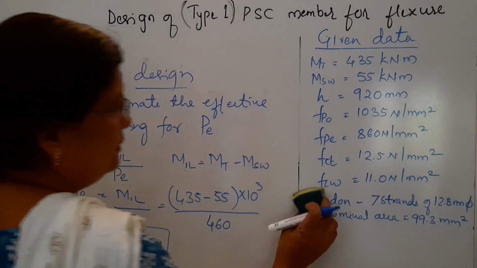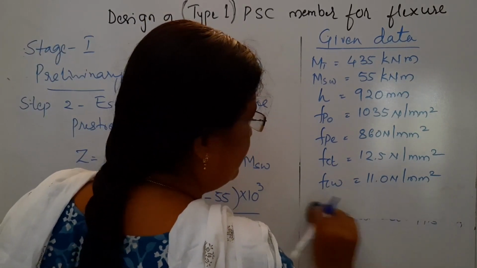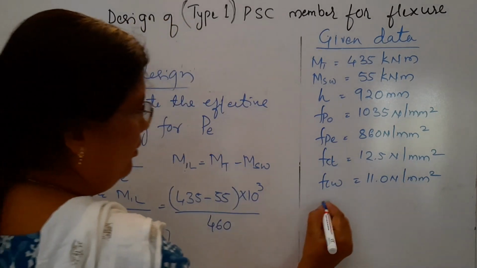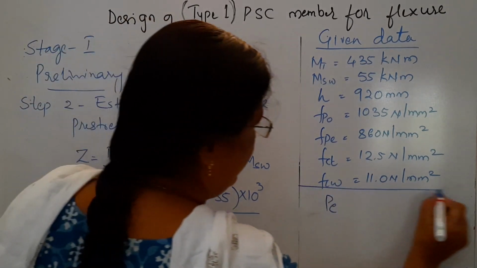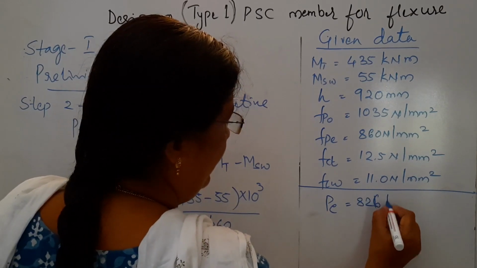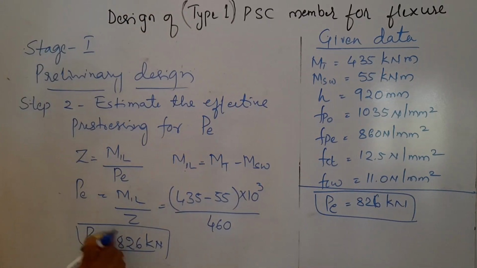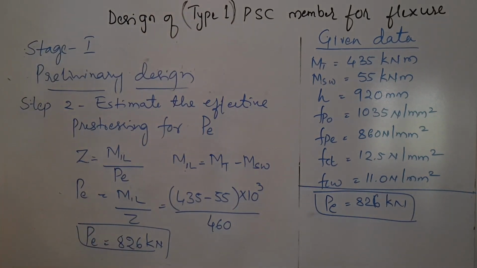This I will write here, which is required. PE, it is the calculated value, 826 kilonewton. This is step 2, we have to calculate the PE, effective pre-stressing force.